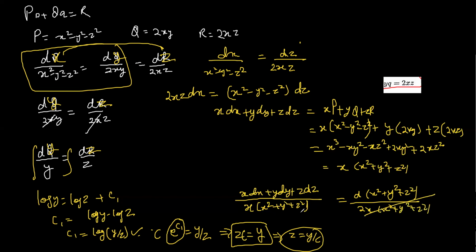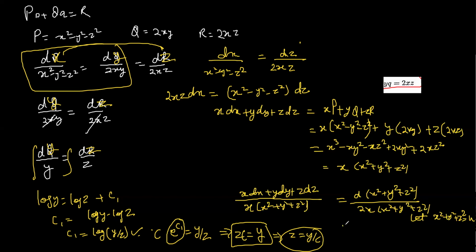Okay, now this part cancels, right? Or you can write what? Let x square plus y square plus z square is equal to u.